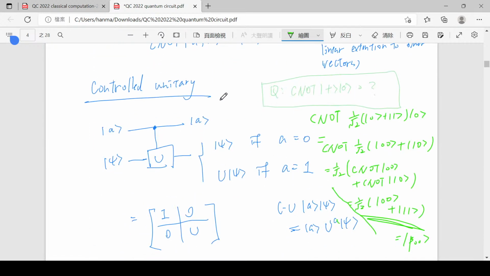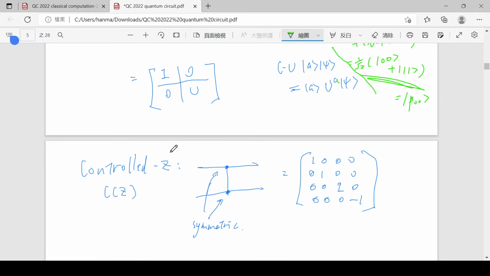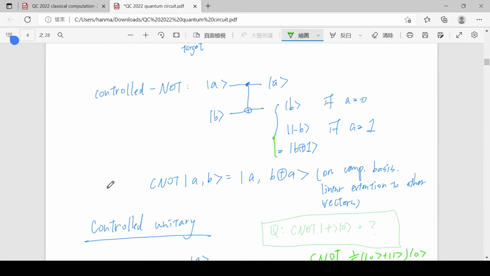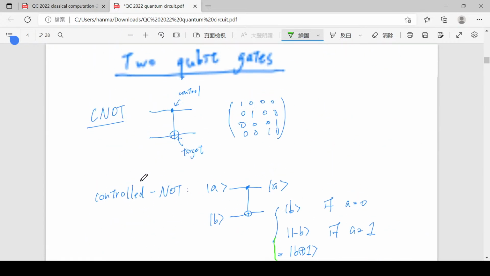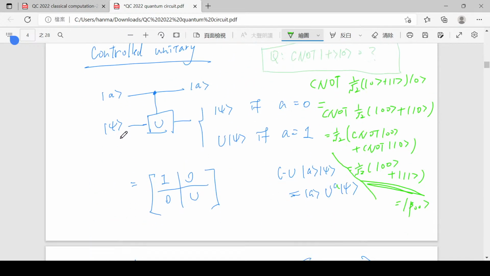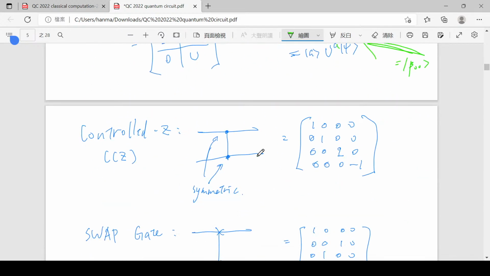But we have a less general example of it, which is Control Z. It's also very useful. It's not as popular as Control Not, but it's also very popular, so it's got its special symbol.